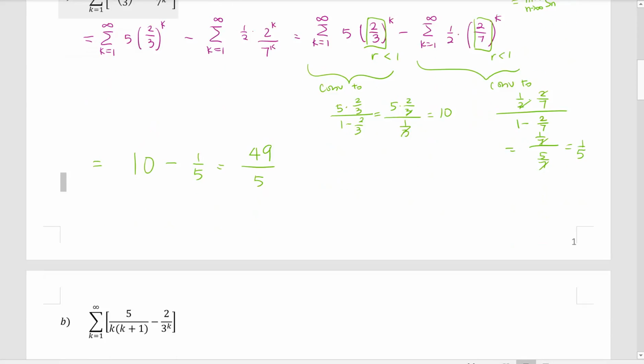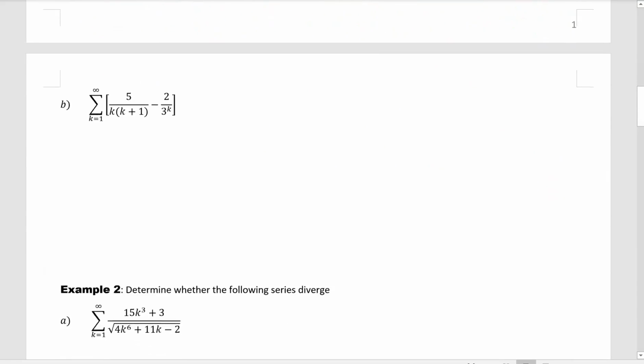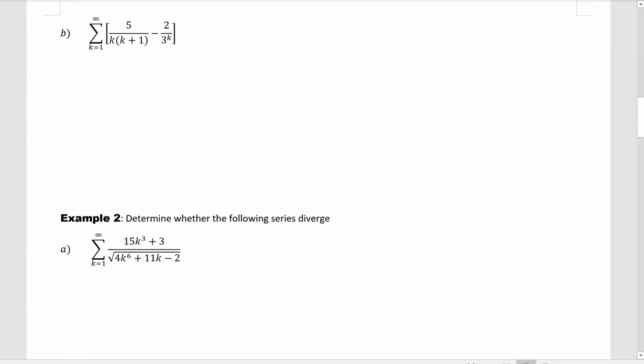So that is the first part. Let's continue. For this one, we can split it, and we can put the 5 in front.